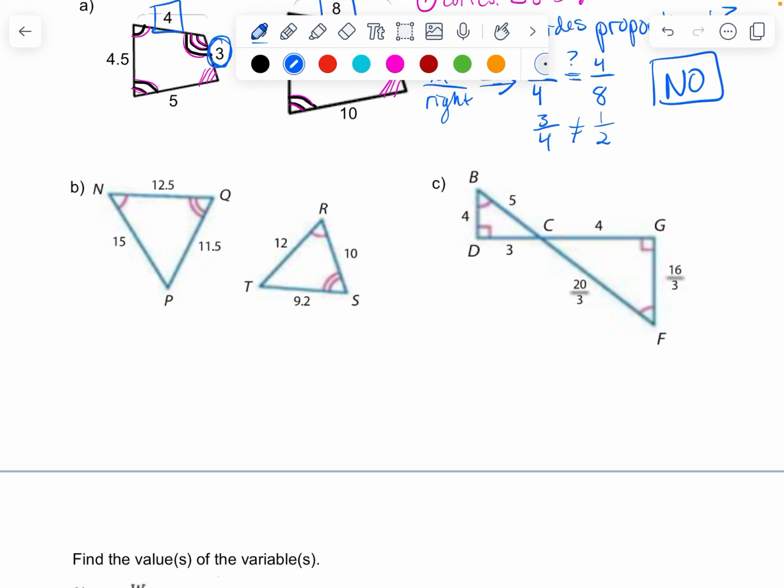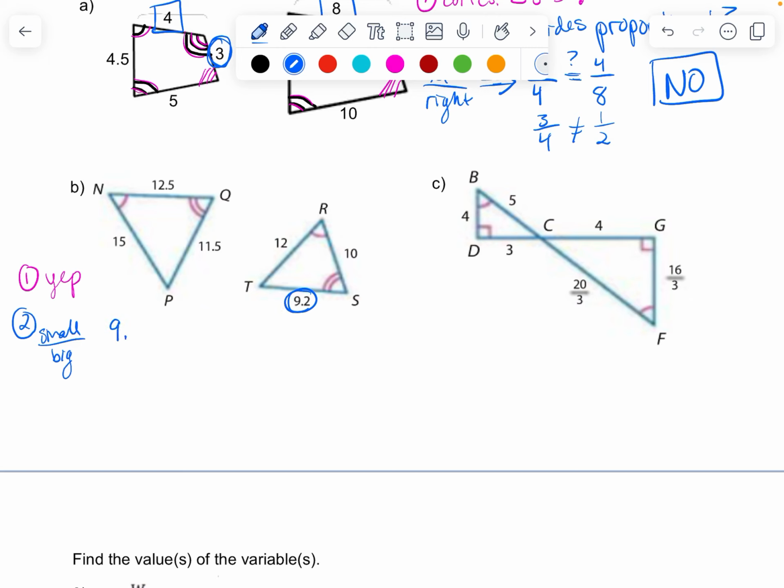This other one, try the angles. Yep, if you look at all the markings. And then the worst part is doing all the sides. So I'm going to do small to big. I just like to have a system.